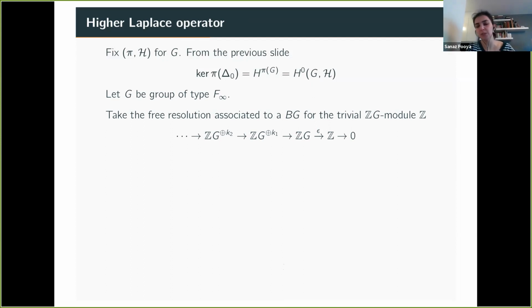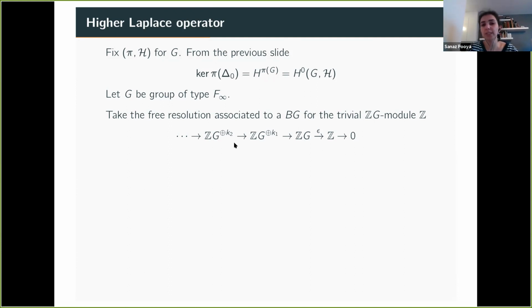But as we will see later, we don't need to work with groups of type F infinity. And type F infinity means that there is a model for the classifying space of G which has a finite number of cells in each degree. Okay, so take the free resolution associated to this model for the trivial ZG module Z.